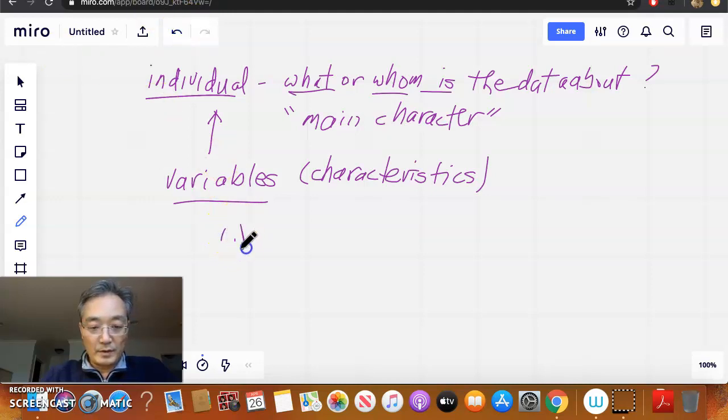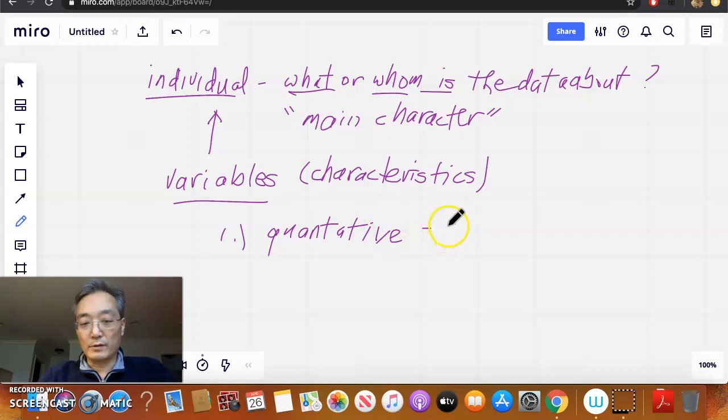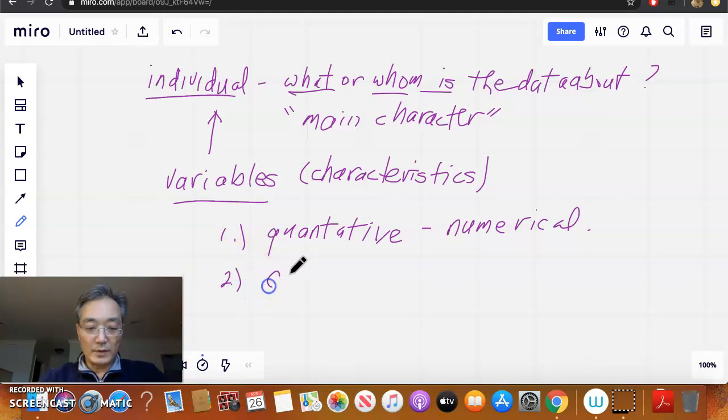One are called quantitative, and usually quantitative data refers to numerical. And the second type is categorical.